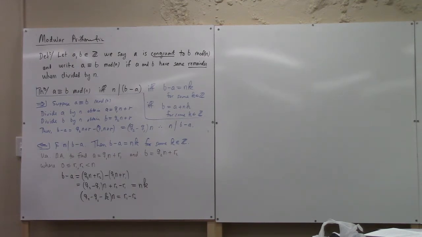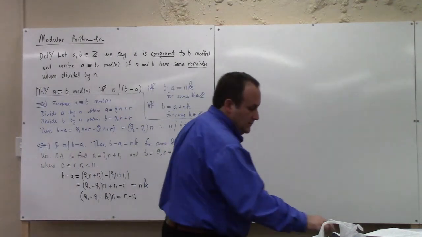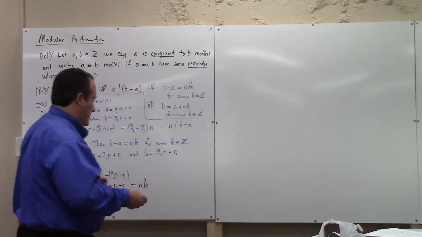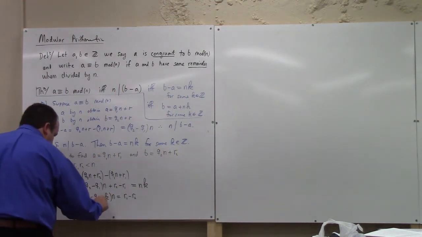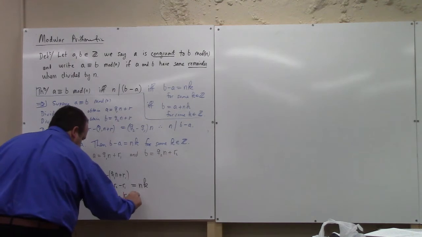So certainly we can take the absolute value of both sides of this, right? Agree? Yeah. So we got this guy is equal to that guy.